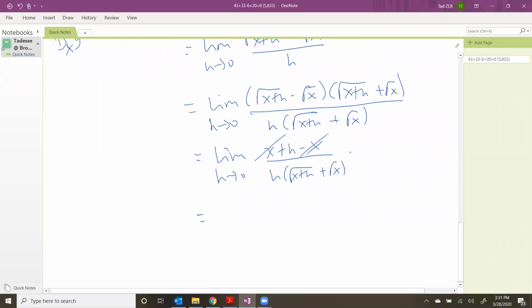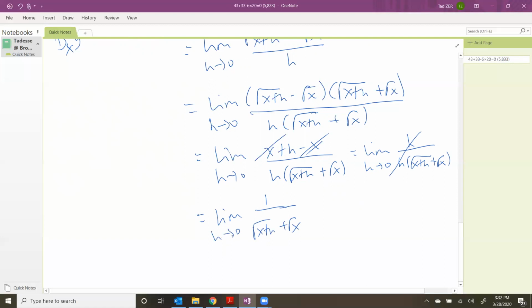So h over h times radical of x plus h plus radical x, h approaches 0. Be careful with the parentheses. You see, I'm very strict, I'm using the parentheses so I don't mess up anything. So h cancels out. So finally, I'm left with the limit of 1 over radical of x plus h plus radical x, as h approaches 0.